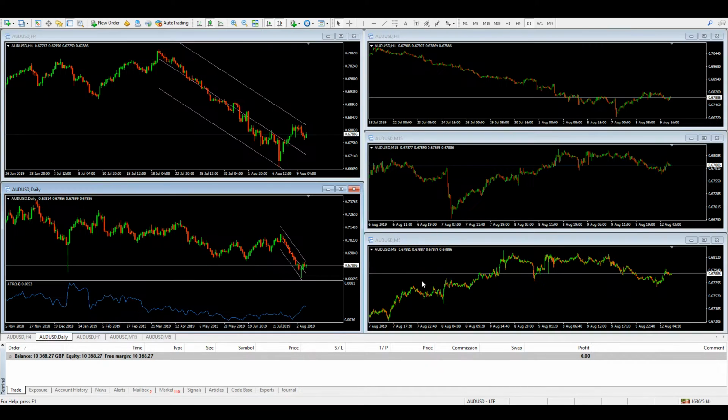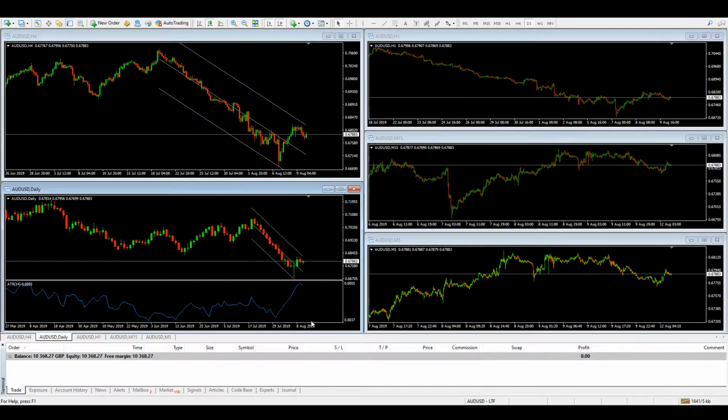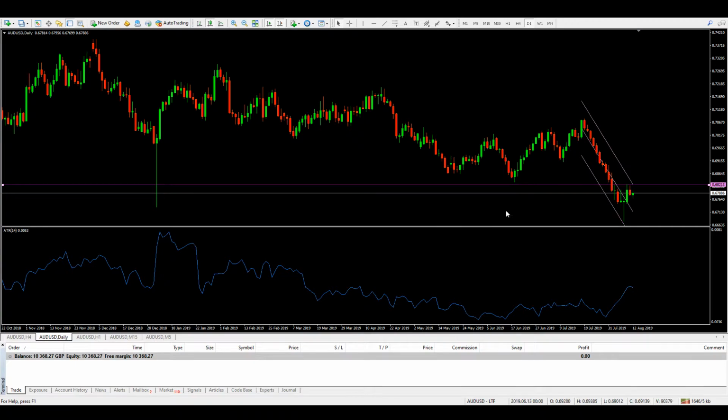AUDJPY, no, too oversold. Just looking at the daily here. This is AUDUSD. Yeah, some decent price action. So again, I'm deeming this, I mean, there aren't really lower lows and lower highs in this.